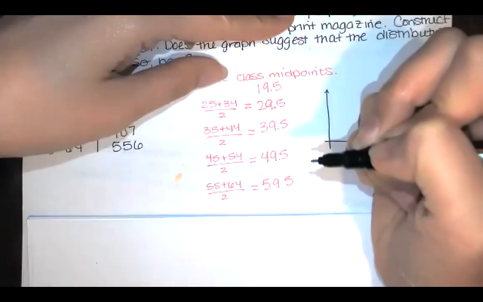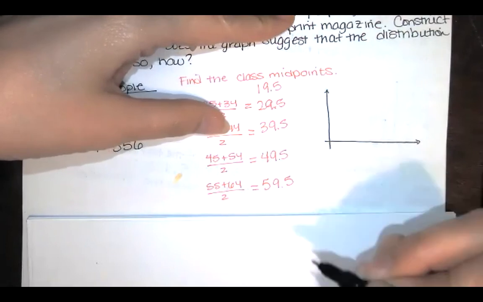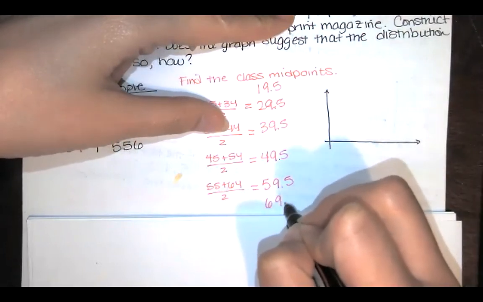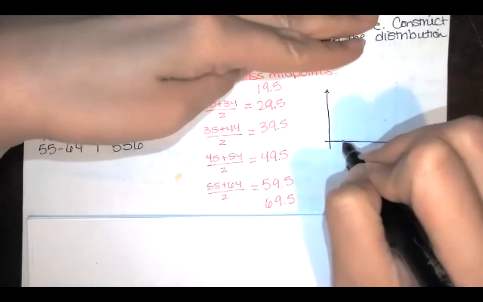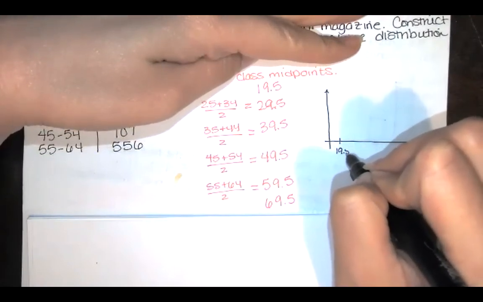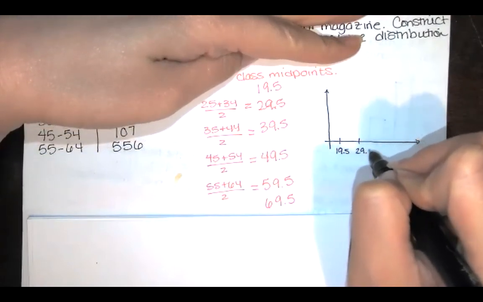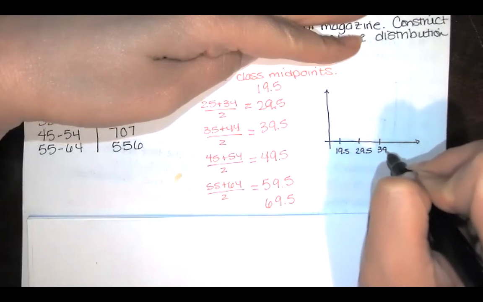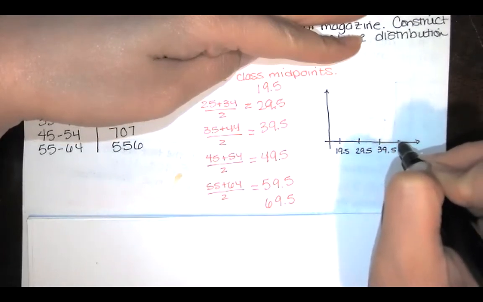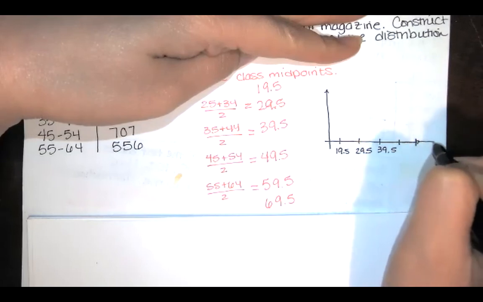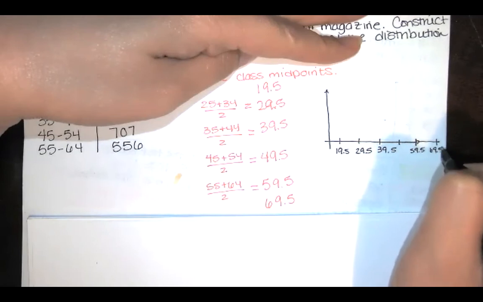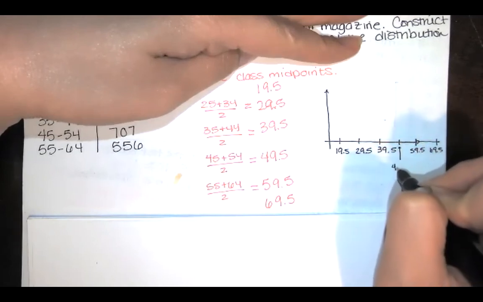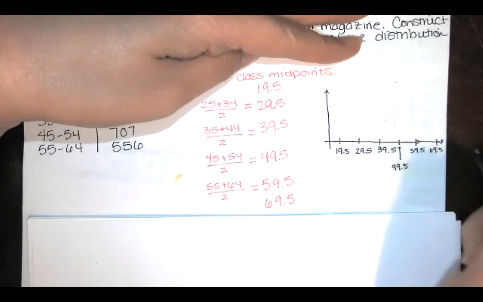So we're going to start at 19.5 and then increase by 10 to get 69.5. Those are going to be the tick marks on our horizontal axis: 49.5, 59.5, and 69.5.